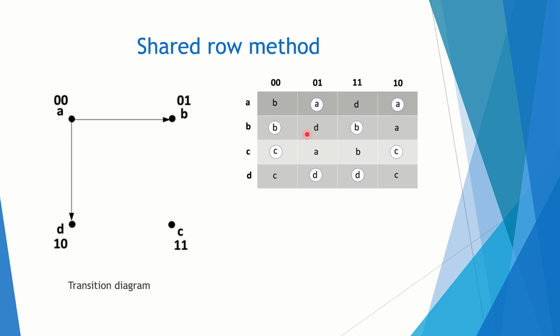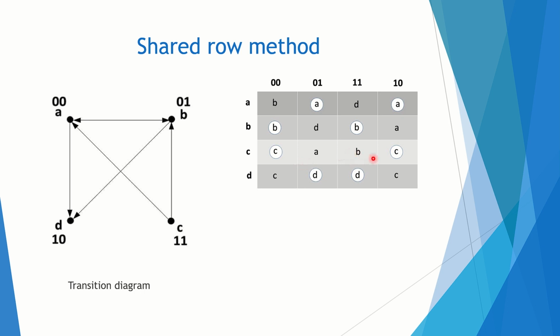B to D is a transition. Then B to B is the same state. Then B to A. Then C to C, and then C to A. Then C to B. Then C to C, same state. Then D to C, D to D, and D to C. So these are the transitions.